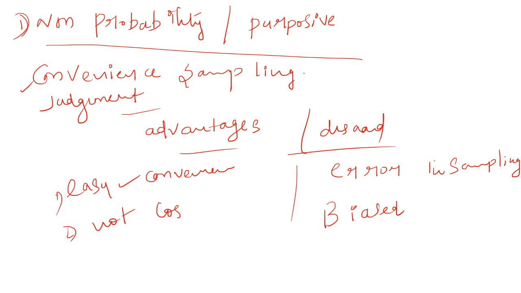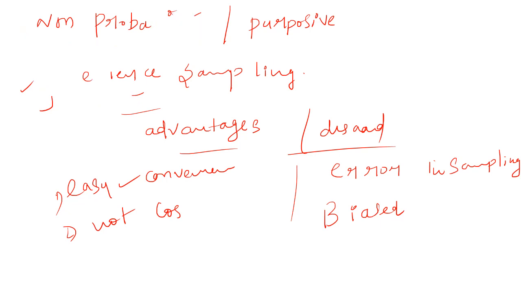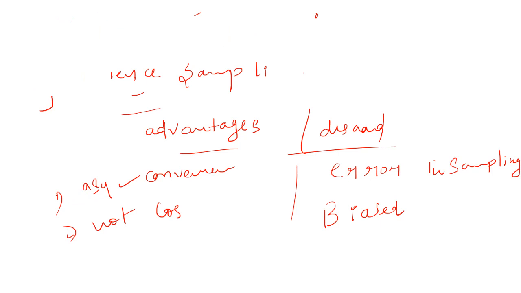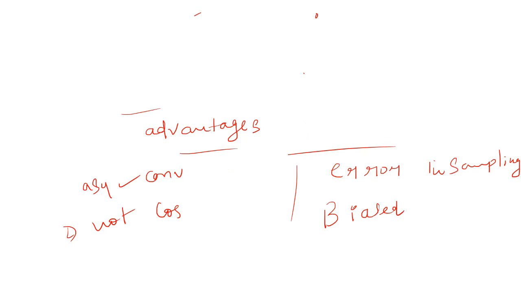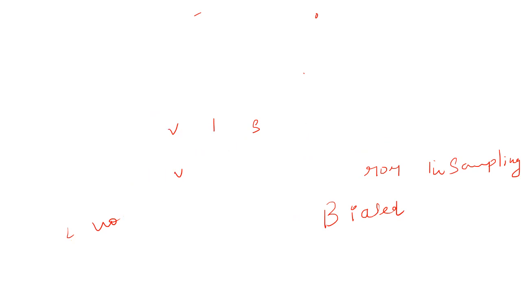Next we have to discuss probability sampling or random sampling. This technique is also known as chance sampling, since each unit of the population has an equal chance of getting selected.